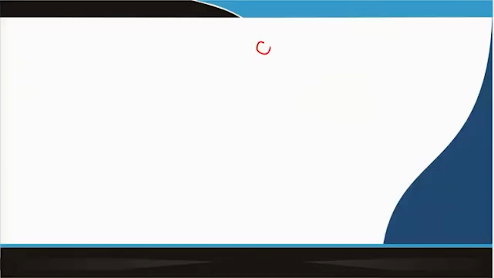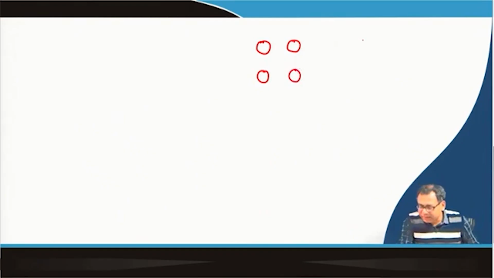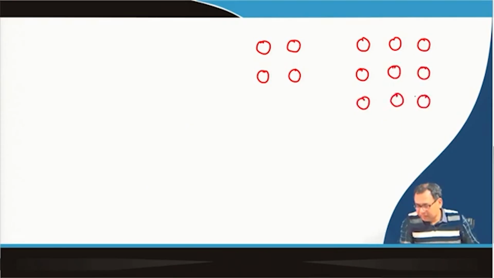So, how can you do that? Suppose you have a pile group of, say, four piles, or you can say one case is 4 piles. Another case is, say, 9 piles.